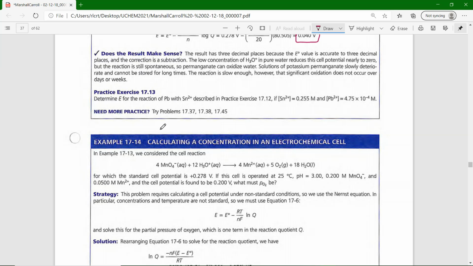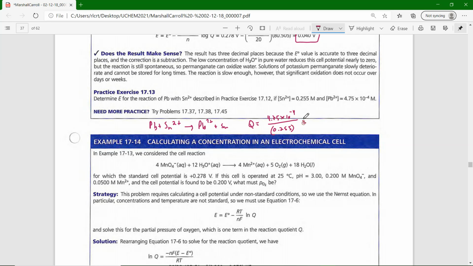And so in 17.12, we had Pb plus Sn2 plus goes to Pb2 plus Sn. And so my Q is Pb2 plus. This is all balanced. That's all good, right? 4.75 by 10 to the minus 4 over Sn2 plus, which is 0.255.